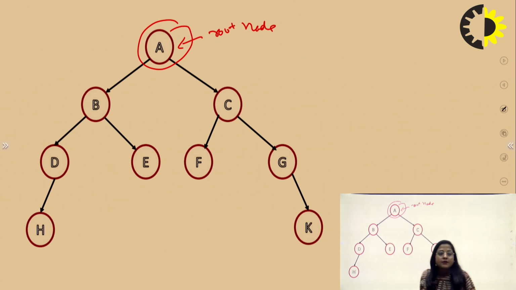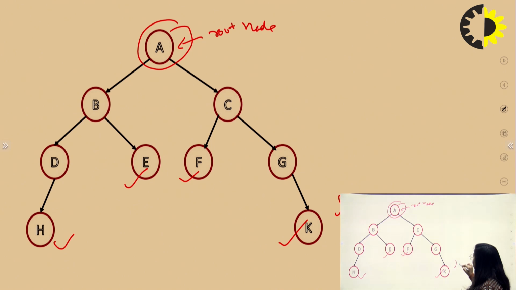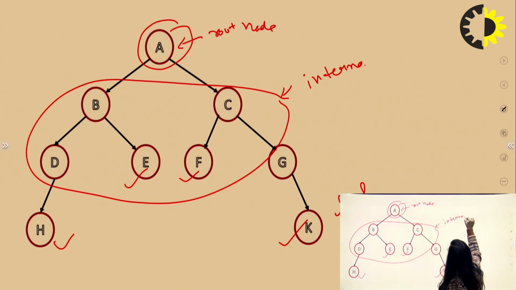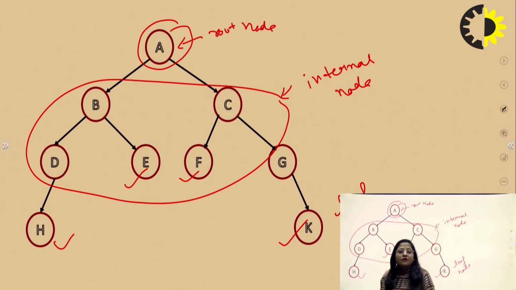These are the last elements, called leaf nodes, and this portion is called the internal node. A leaf node has no child. The last node, that has no child, is called a leaf node.